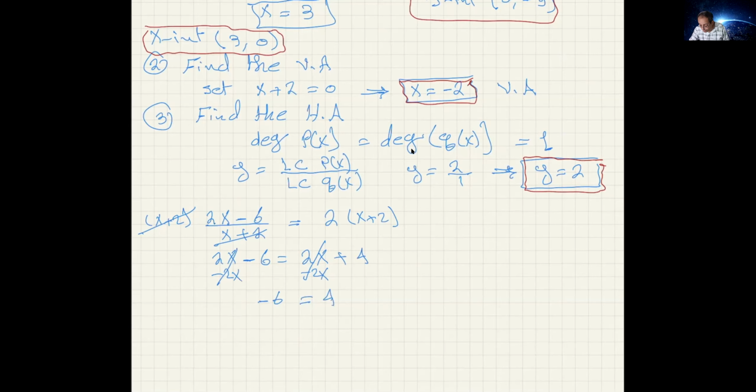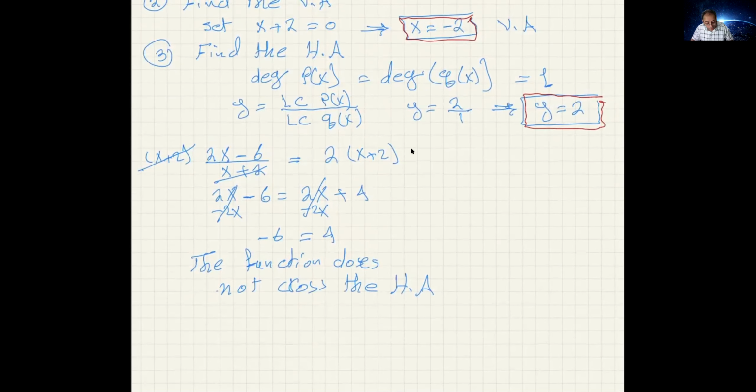Since I got a false statement, that means the function does not cross the horizontal asymptote. Okay?